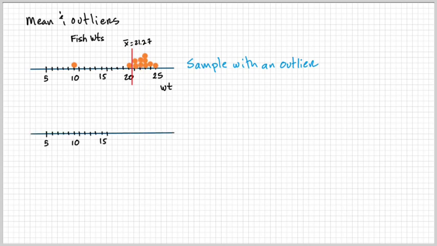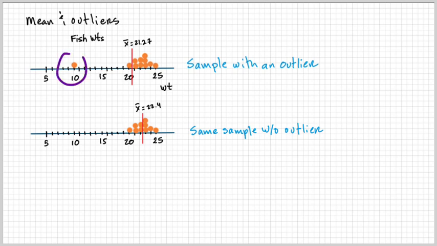If we get rid of this outlier and recalculate the mean, we go to 22.4, which pushes it more to the right. Okay, so this value here is weighing a lot compared to this, and thus when we get rid of the outlier, the weight of the points is shifted more to the right.